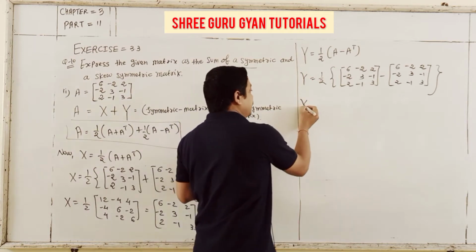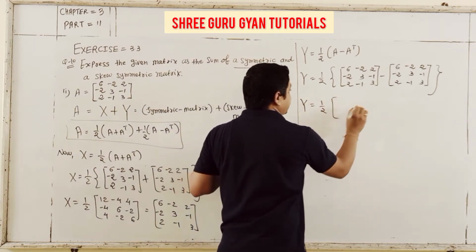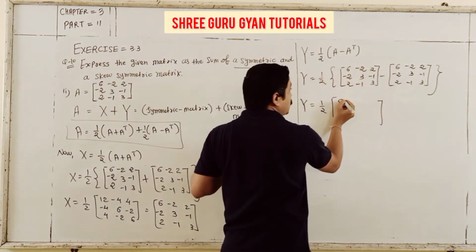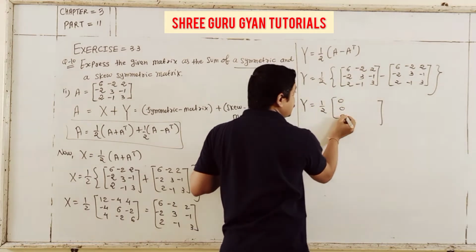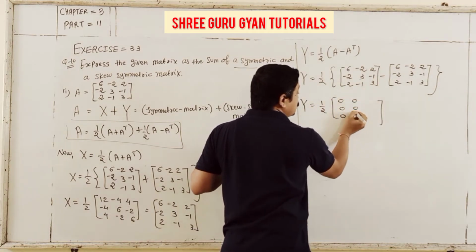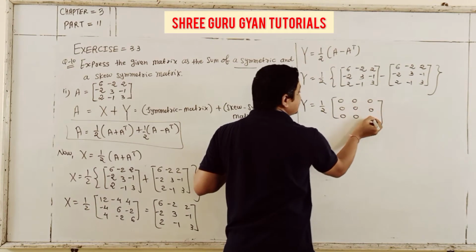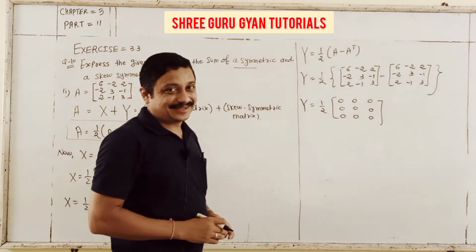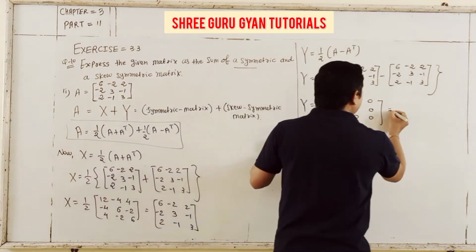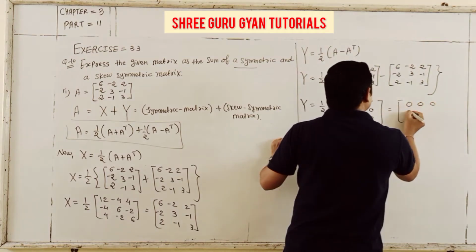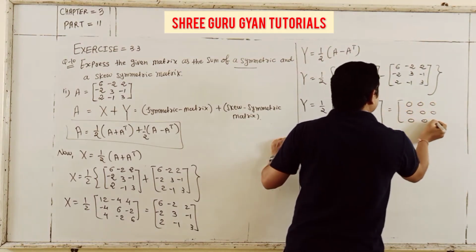So Y matrix, you just subtract them. 6 minus 6 is 0, again 0, 0, next 0, 0, 0, and last also, students, 0, 0, 0, and divide by 2. Nothing, all elements are 0, that's why it is a zero matrix.